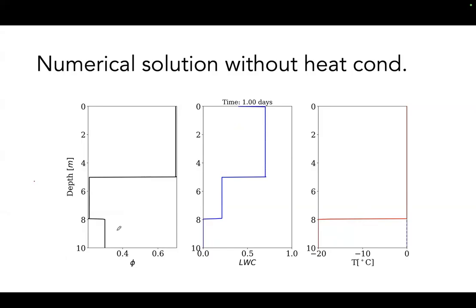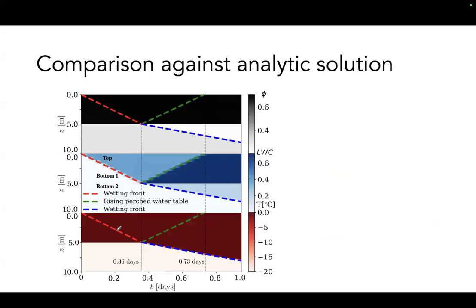Now, if we combine the solution at all times, this is how it looks. On top you have porosity, liquid water content, and temperature. Initially, the porosity is 70% here and 30% in the bottom.